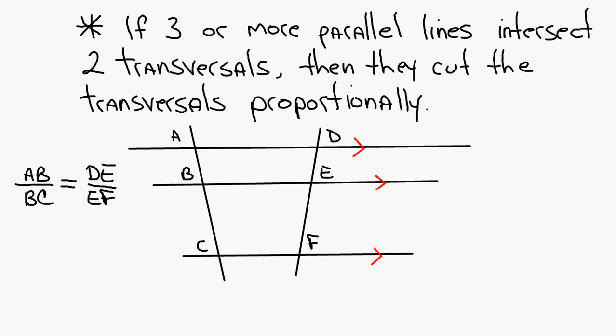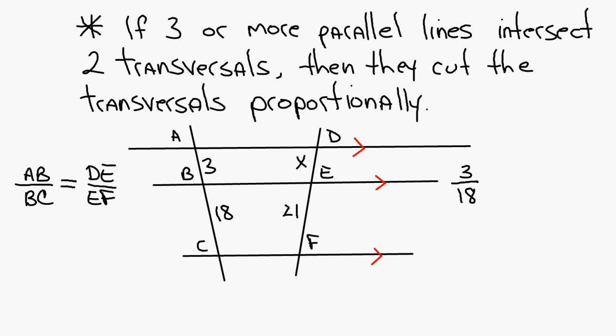Alright, if this is 3 and this is 18, and this is X, and this is, I don't know what this is, we'll call it 21. Okay, and you're asked to find the length of the missing piece. You would take 3 over 18 and make it equal to X over 21.